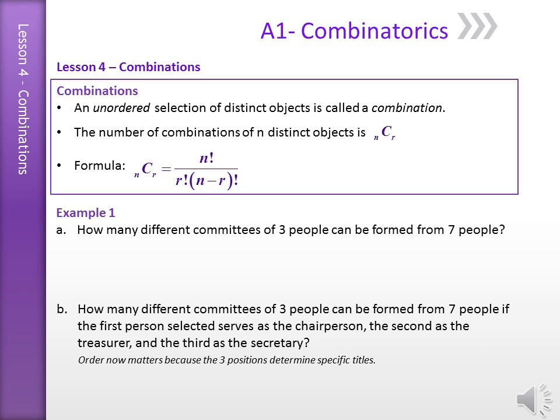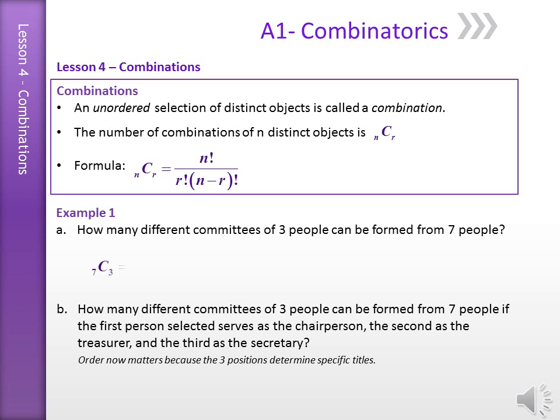Let's look at an example, 1a. How many different committees of 3 people can be formed from 7 people? Order does not matter here. We just want a group of 3 people chosen from a group of 7. We use combinations. 7 choose 3.